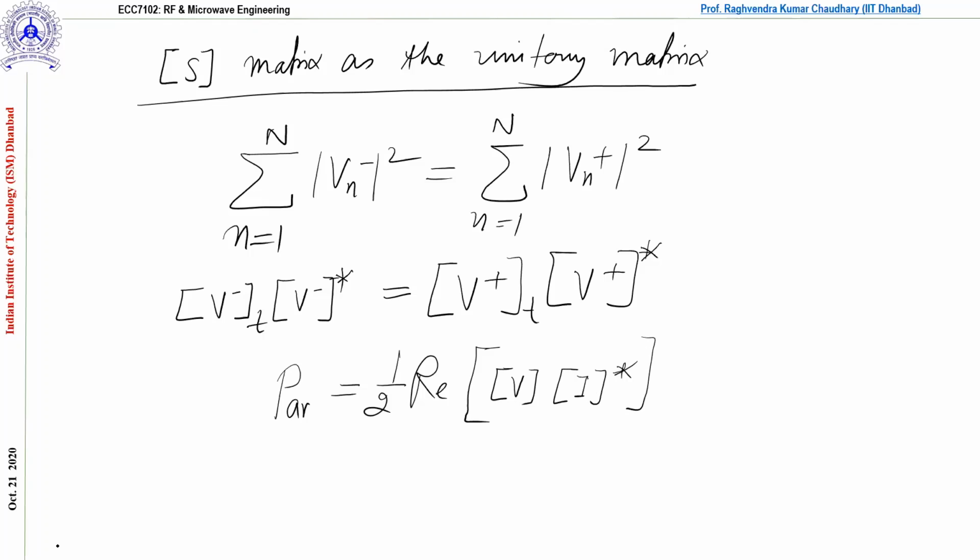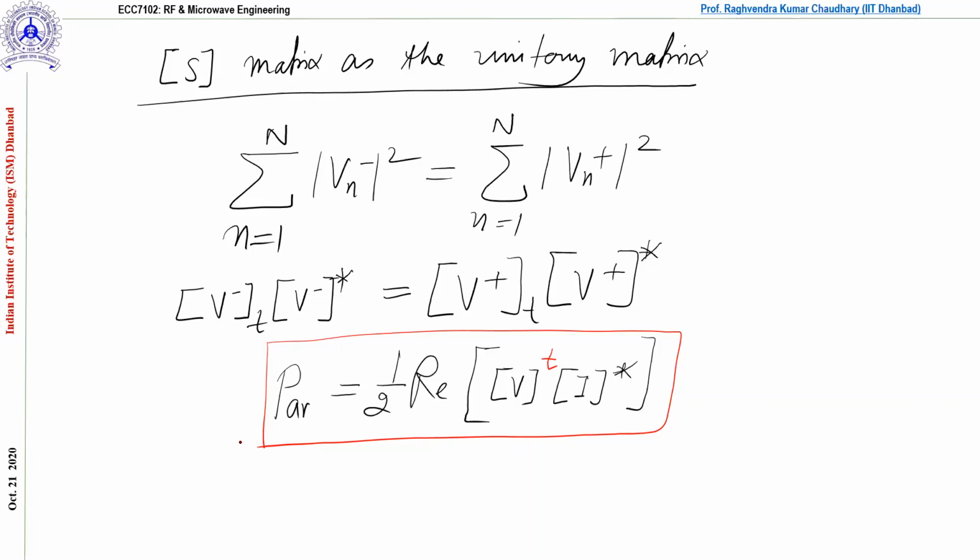But we are talking about the reciprocal network particularly here, so let us make it T. It indicates that whatever we are doing here is for the reciprocal network. You need to take care of this; it is an assumption. If the network is not reciprocal, you need to develop a whole new theory.